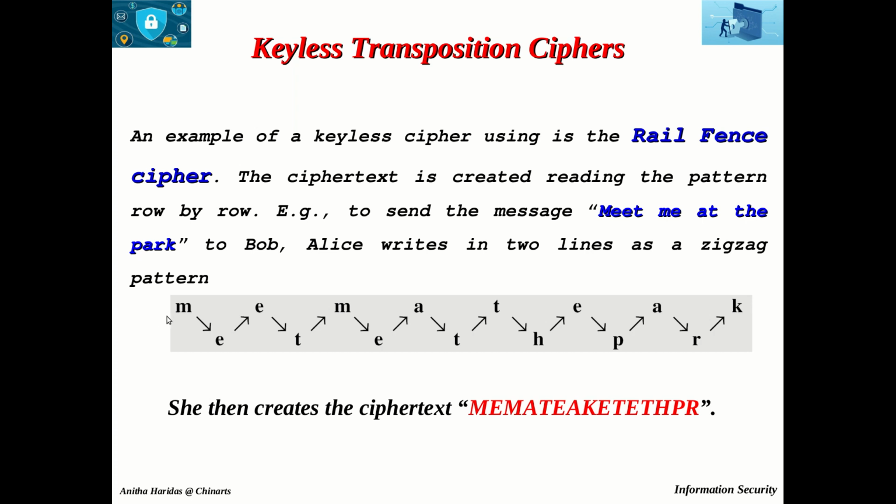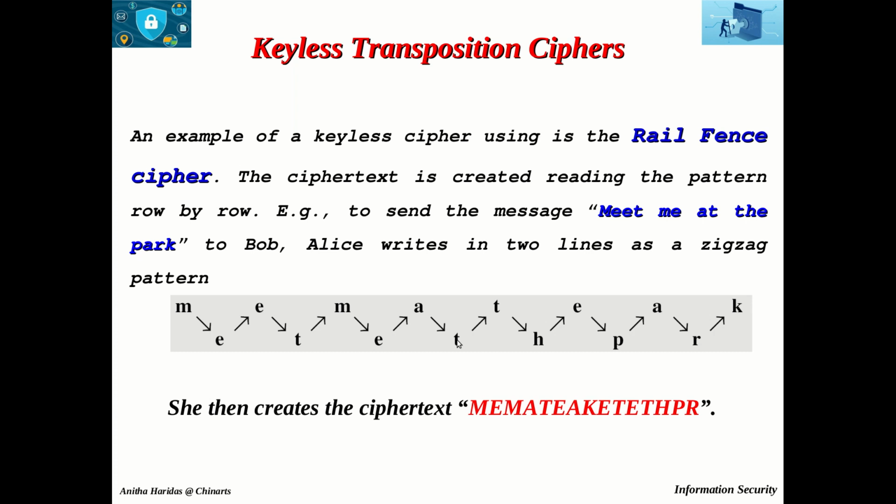So you will be writing MEET, MEAT like that. Then create the ciphertext column by column. So you will have MEMATEAK. Then this row ETETHPR. This is what we call the rail fence cipher.